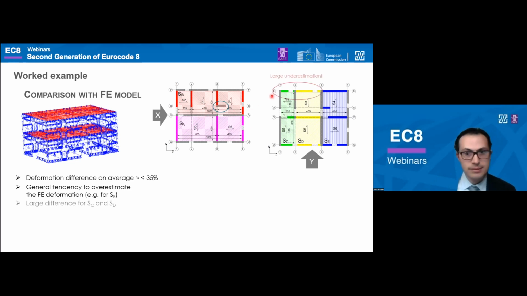A large underestimation of the deformation was instead observed for diaphragms SC and SD, and this was due to the failing of the wall on line 2 prior to reaching the performance point in the model.